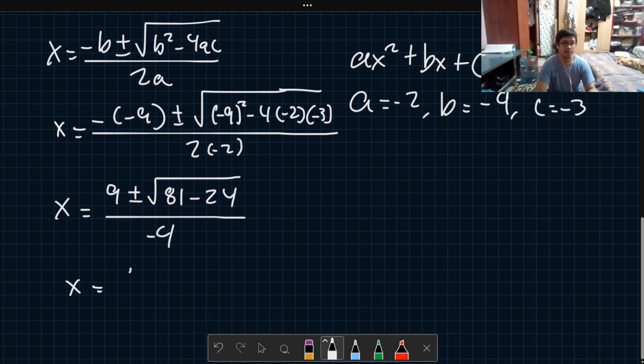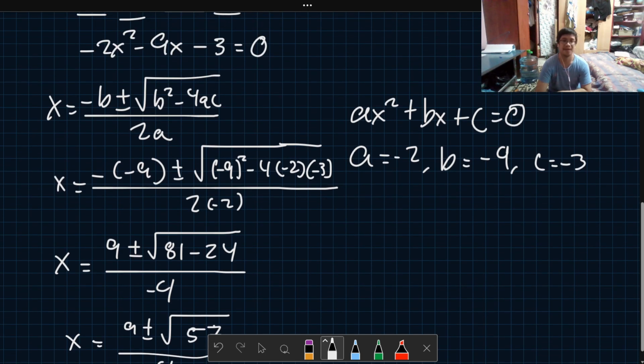Now, let's combine what's inside the root. So 81 minus 24, I do believe that's 55. Let me take a look. 81 minus 24. Ah, it's 57. Really? It's 57. All over negative 4.